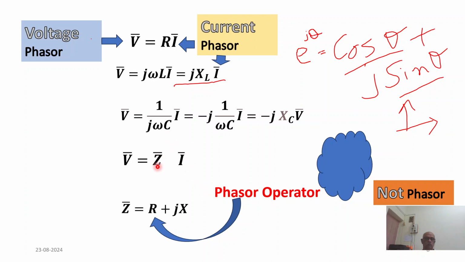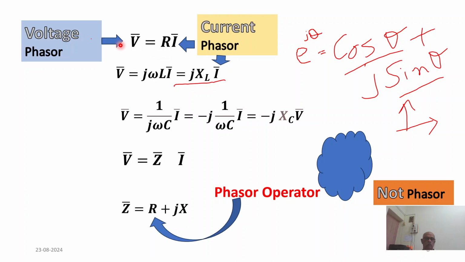So in general, we'll be calling it a phasor operator. So here what we are finally saying is that V is equal to Z, one phasor equal to a phasor operator with another current phasor. So try to understand the difference between the phasors and the phasor operators.